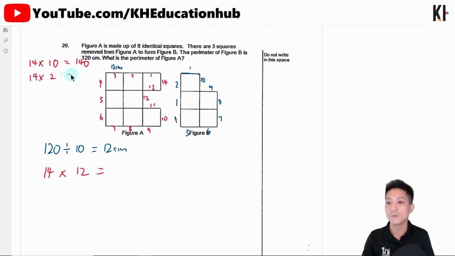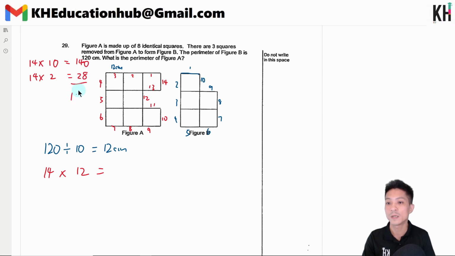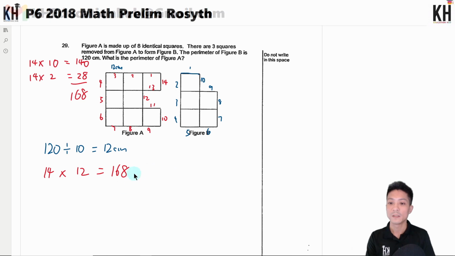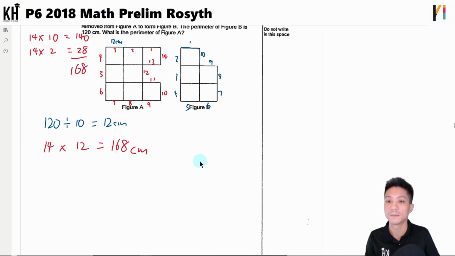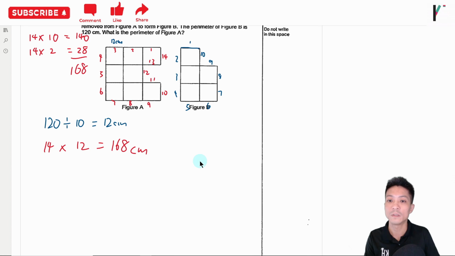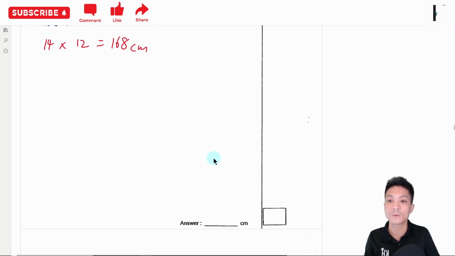This is 140, this is 28. Add together will give me 168. So 14 times 12 is 168 centimeters.